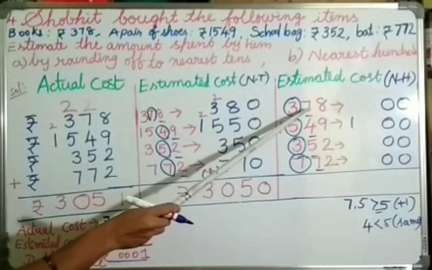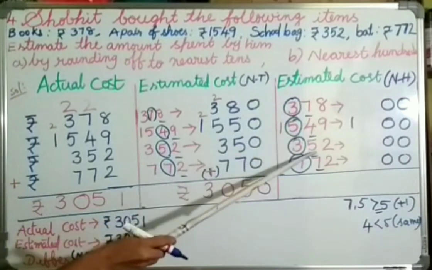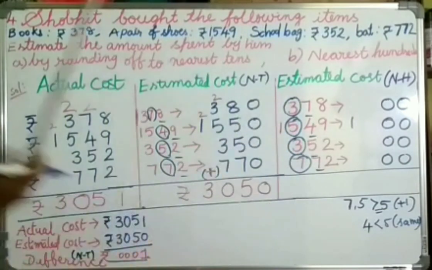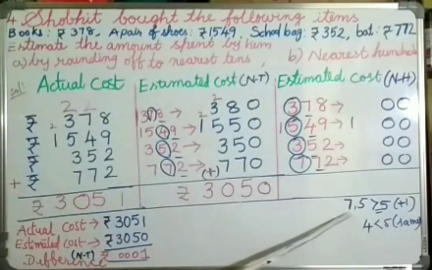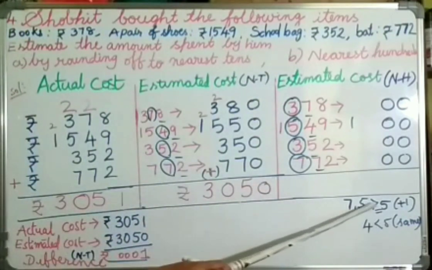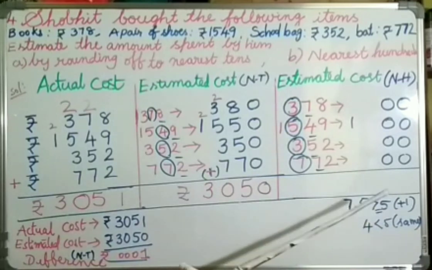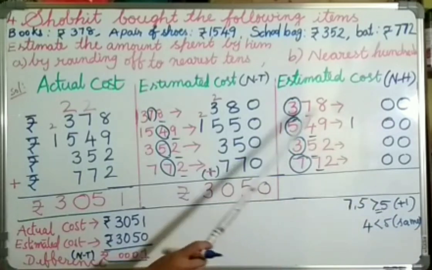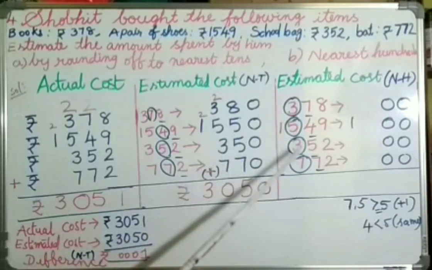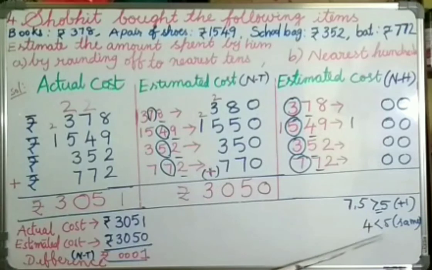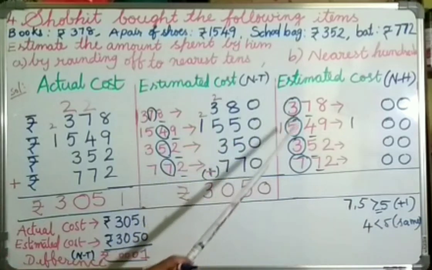Now here 7, here 4, here 5 and here 7. We have already learnt how to round off numbers. 7 is greater than 5, and 5 is equal to 5. So 7 and 5 mean we add 1 to the circled digits. And here 4 is less than 5, so we write the same number in the circled digit.